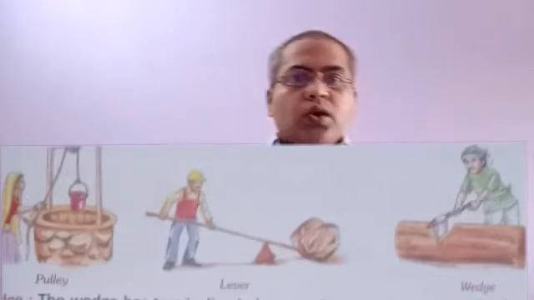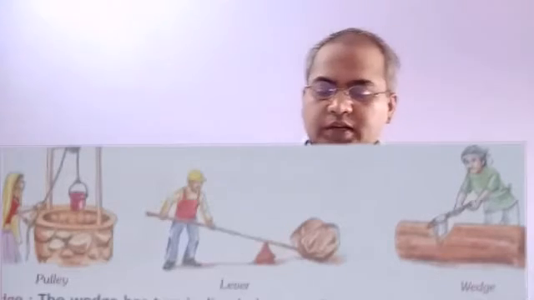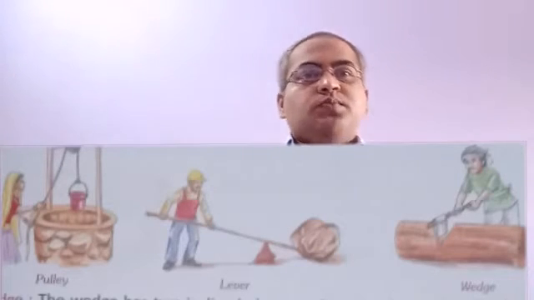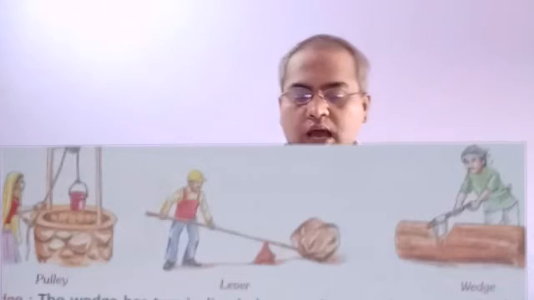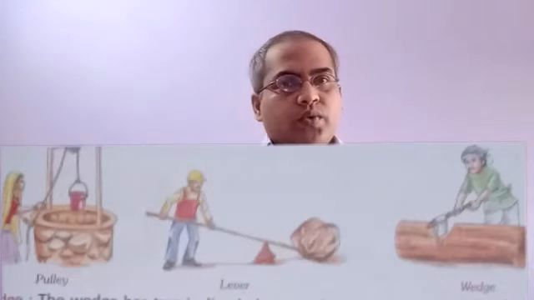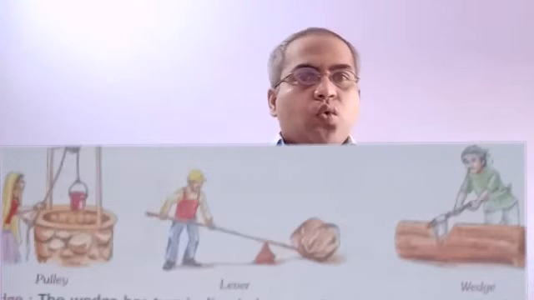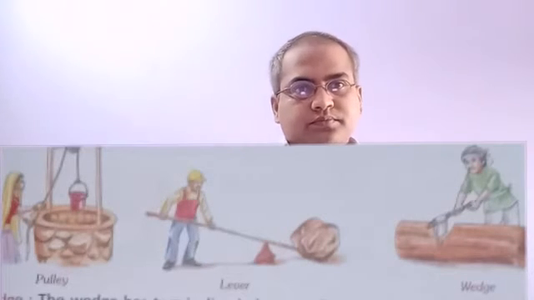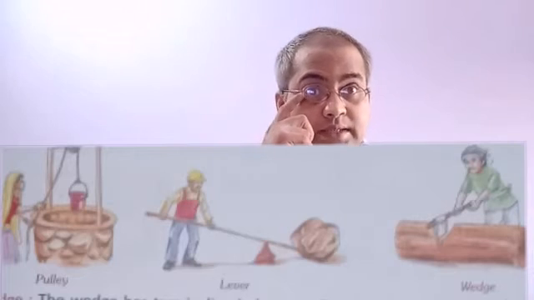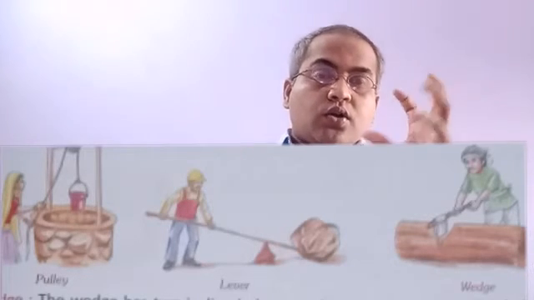In a wheel and axle arrangement, there is a smaller wheel on the axle and the larger wheel rotates around it. This is how a wheel and axle works in our life. You can take the example of your clock also.